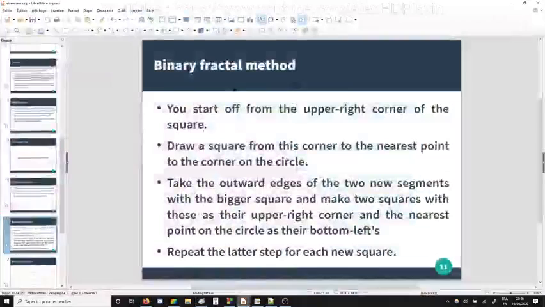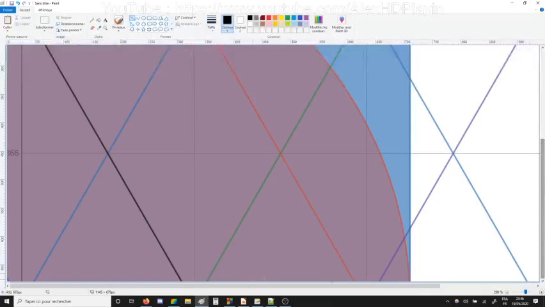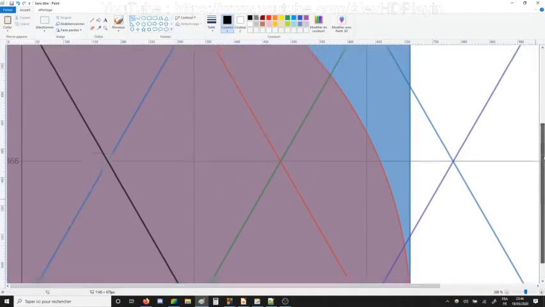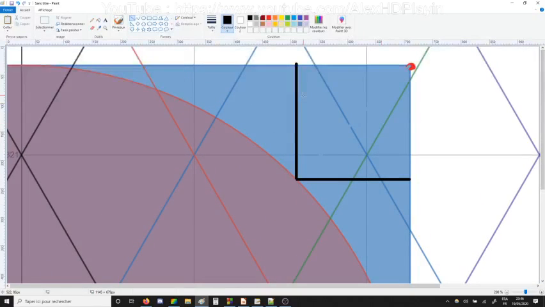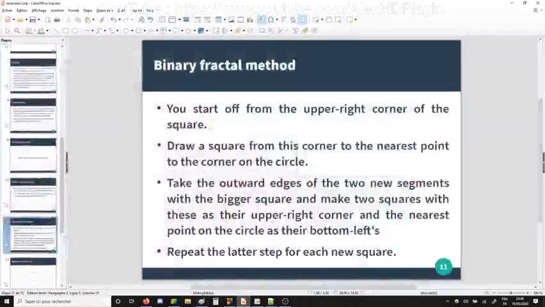So from this, what you do is take the outward edges. What I mean by outward is the furthest from the center of the circle. So the two ones here and here, the outward edges of the two segments.